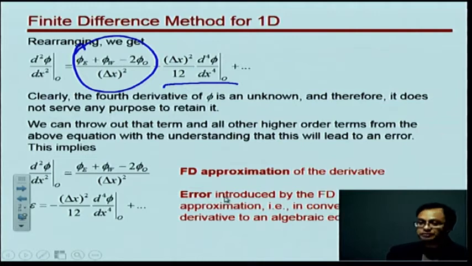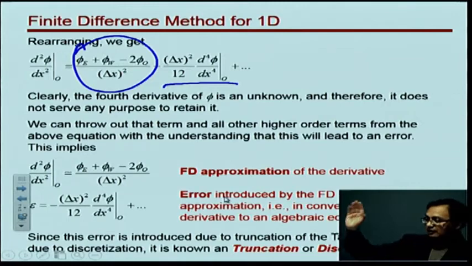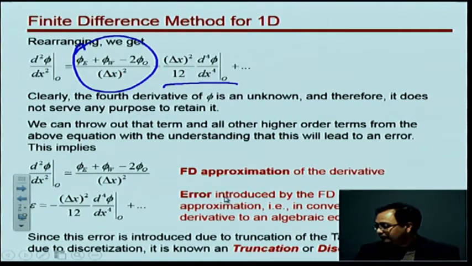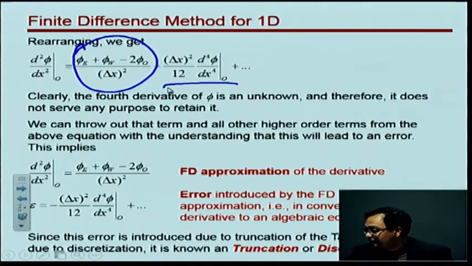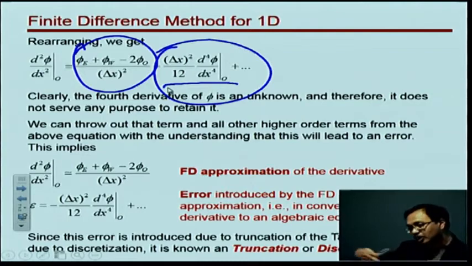Since the error is introduced by truncation of the Taylor series, remember we have this term plus the higher order terms, we truncated it basically. So that's why it's often known as the truncation error. It's sometimes also known as the discretization error because it's something we got when we tried to discretize the PDE. Any questions?